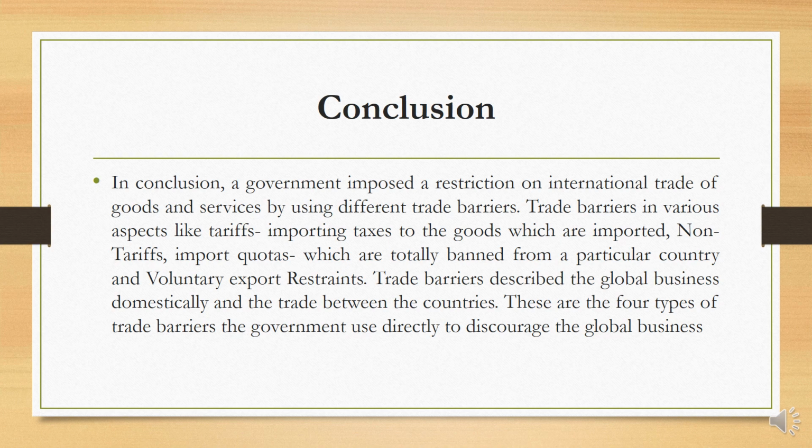Trade barriers affect global business domestically and the trade between countries. These are the four types of trade barriers the government uses directly to discourage global business.